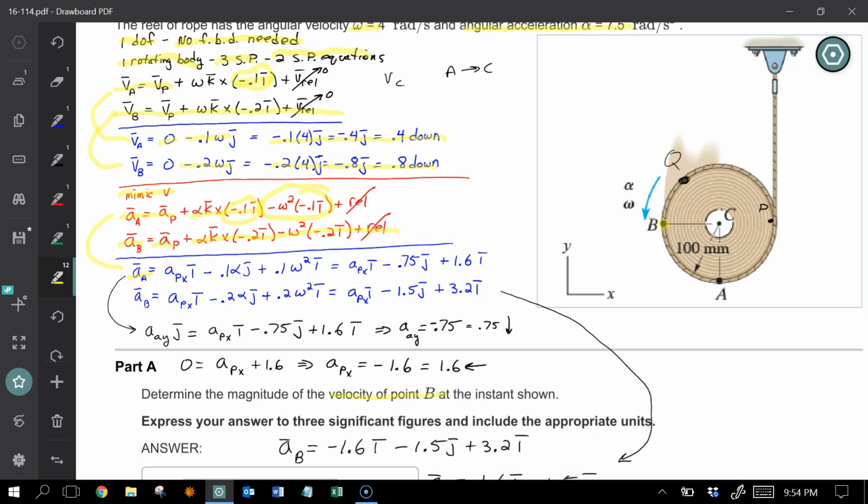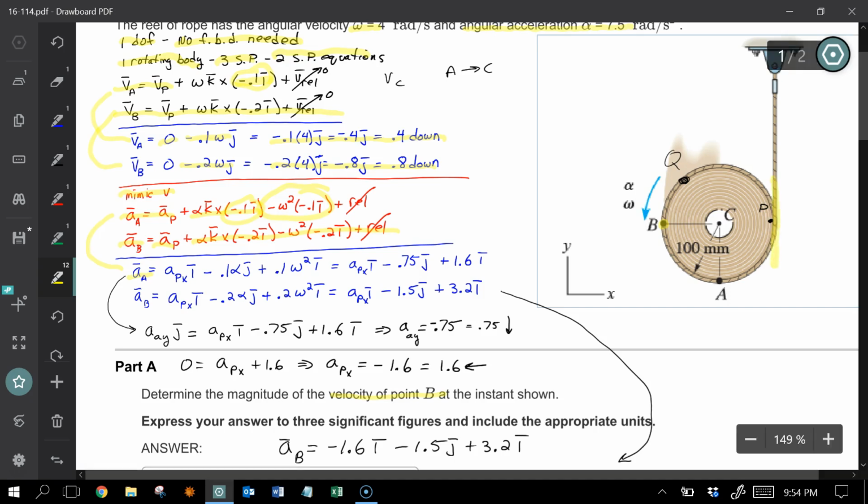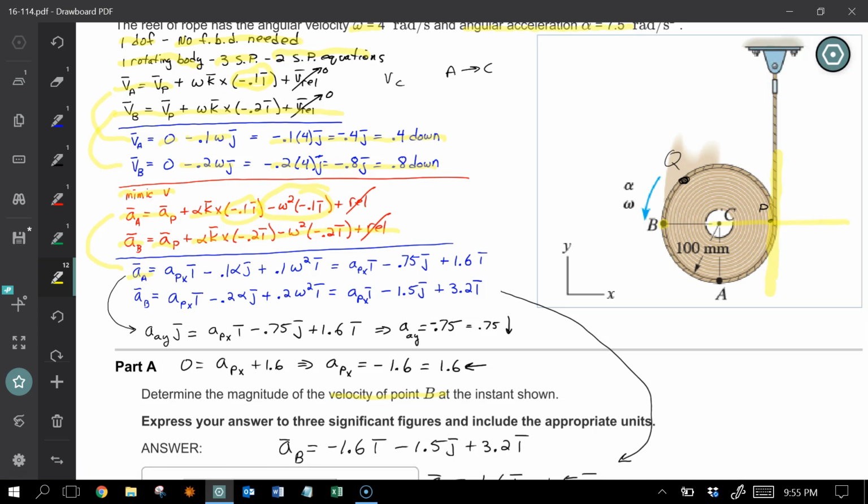The acceleration of P. Okay, we know that P is in temporary contact, no slip, with the string. What the table says is that in the plane direction, which is up and down, the accelerations are the same. But in the normal direction, which is horizontal, we have no idea what they are. They're probably different.